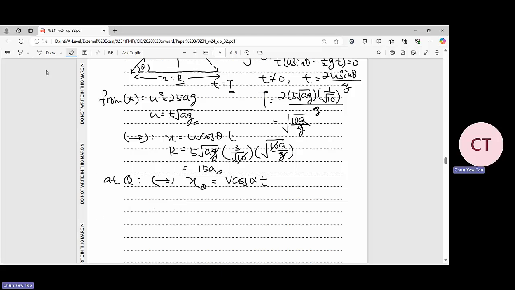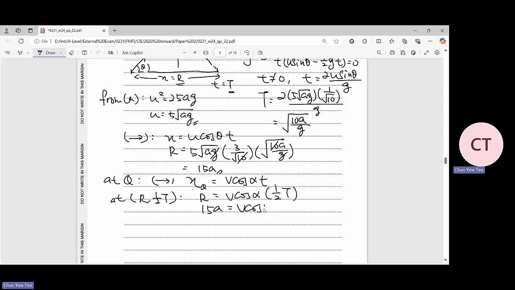Right here, we can just say that when x is equal to R, then your time is half t. So your R will be equal to v cos alpha times half of t. The range is 15a.